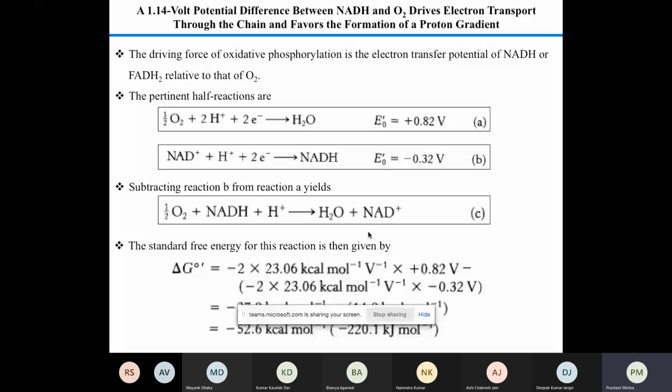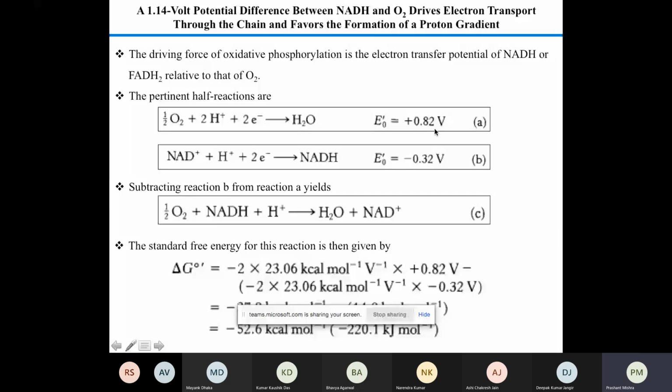For the first reaction you calculate the value putting in nFE, and for the second reaction you put in the nFE value.